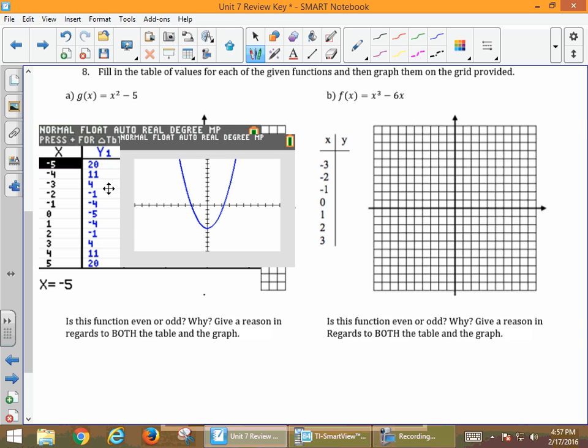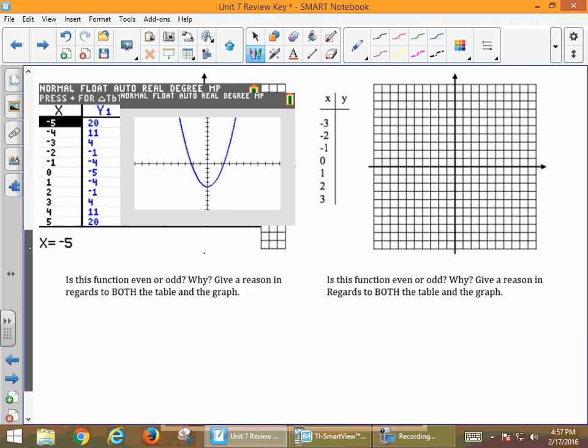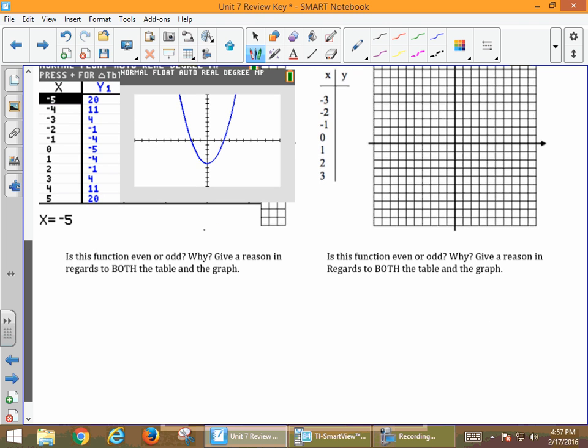So the question is, is this function even or odd? And then give a reason in regards to the table and the graph. As I look at the tables, I look at values like negative 3 and positive 3. The y value for both of them is 4.